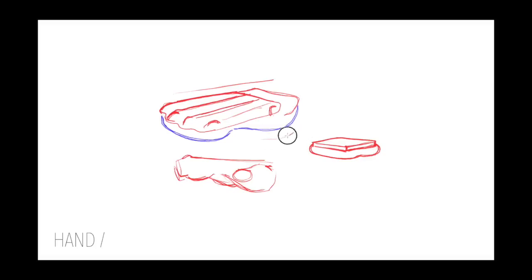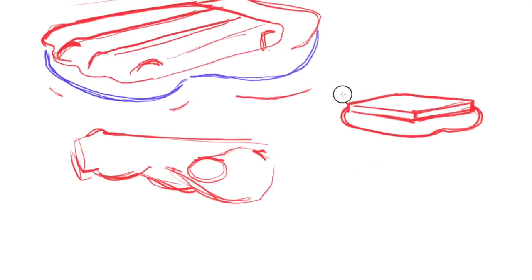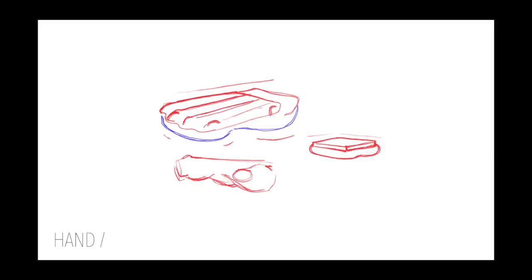Meanwhile, the bottom is very round. If you look at it from the side view, this is how it looks, right? So when you draw your hand, please don't forget this concept: the top area touches the bones, and the bottom area is where the pads are. Please remember this concept, very important.